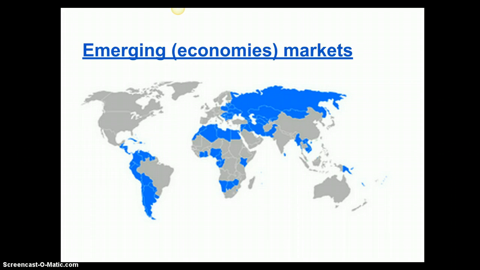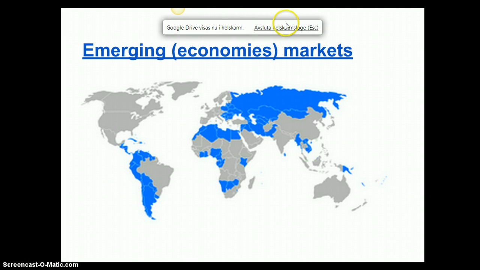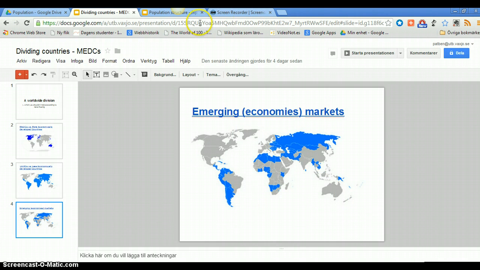But as I said, we have six to seven of the fastest growing economies originating from Africa. So things are changing rapidly. So that's the division made into MDCs, LEDCs, and emerging markets. That was the first part.